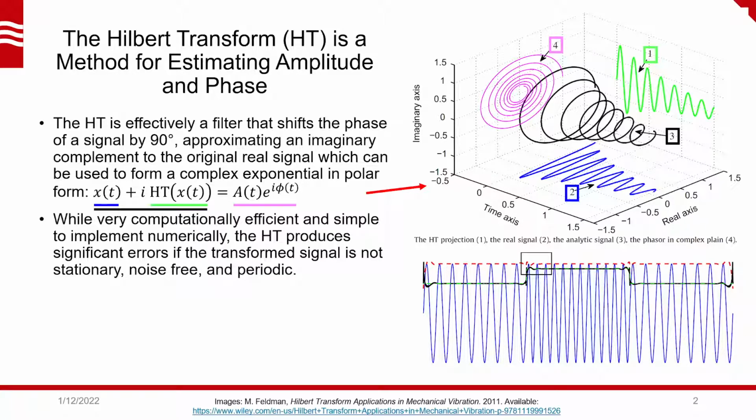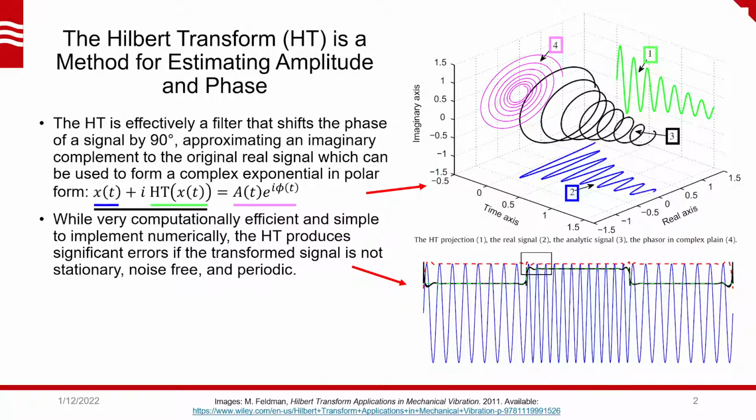Usually, the Hilbert transform is computed numerically through the fast Fourier transform, or FFT. That makes it very computationally efficient and simple to implement. Doing the Hilbert transform this way produces significant errors if the input signal is not stationary, noise-free, and periodic, which are pretty strict requirements.